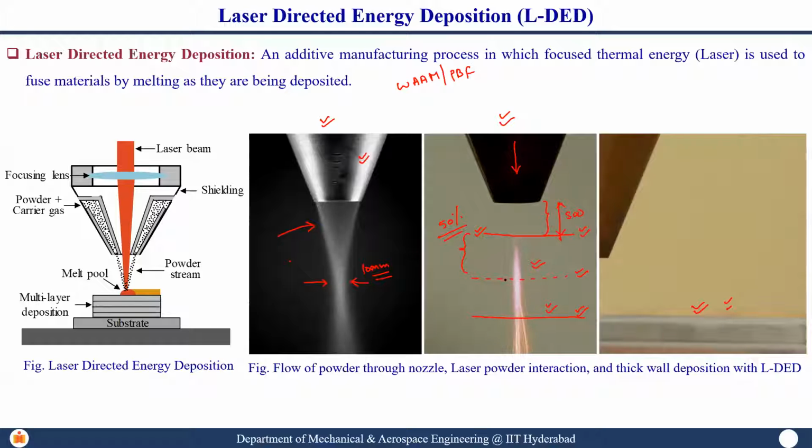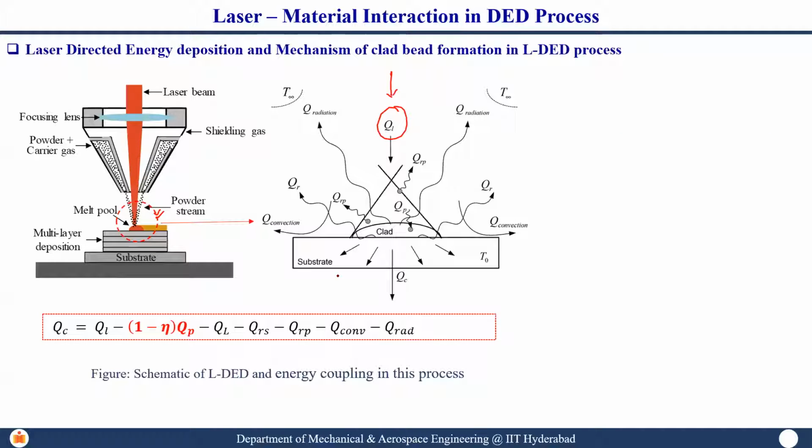Whereas the laser and material interaction footprint diameter is close to 2 or 3 mm, which essentially means the remaining powder in this 7 mm is not at all fusing. This is how we define catchment efficiency: the amount of powder deposited to the amount of powder fed. There are certain powder particles which absorb the laser energy but don't participate in the deposition, so that energy is lost, right?